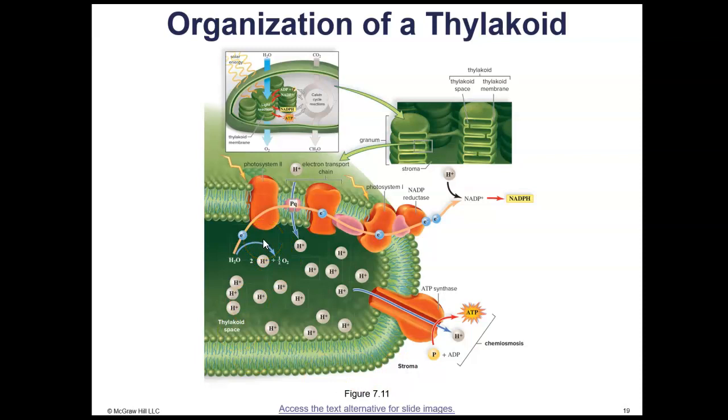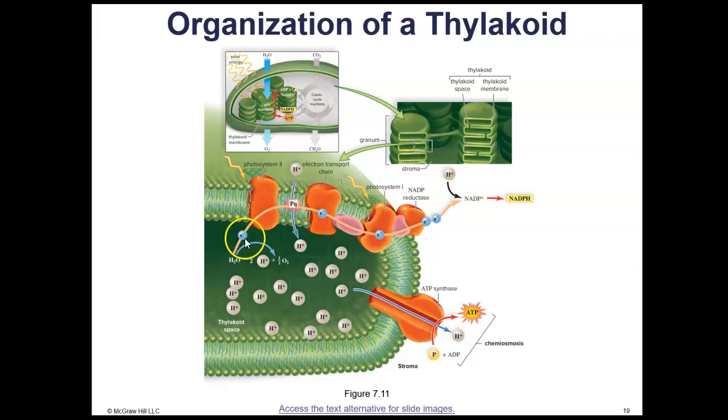So during the light reactions, the first thing that's going to happen is photosystem 2, which is this big orange protein molecule right here, that also consists of many pigment molecules. But photosystem 2 is going to absorb or capture sunlight energy. And that energy is going to excite an electron.